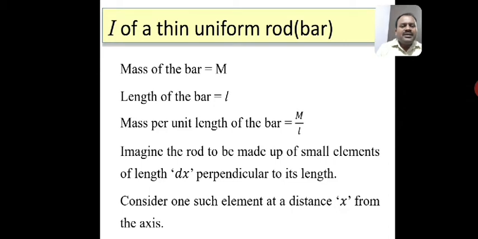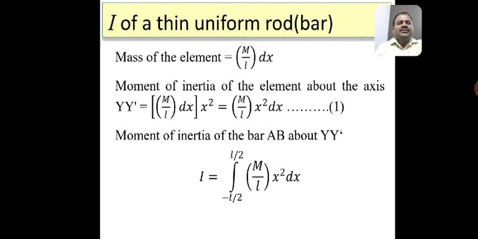Now you can imagine the rod to be made up of a number of small elements of length dx perpendicular to its length. Consider one such element at a distance x from the axis. The mass of the element is equal to mass per unit length, that is M by L, into its length dx.